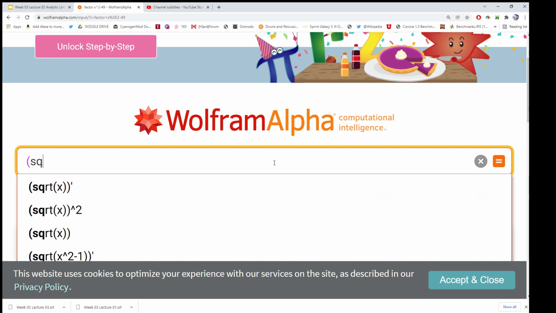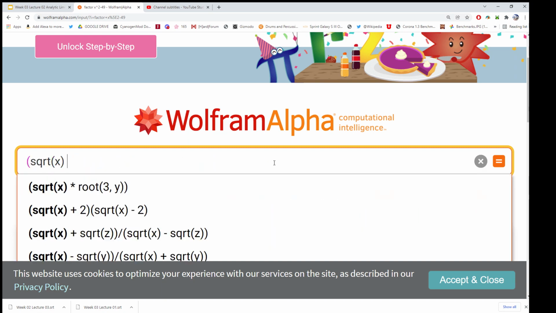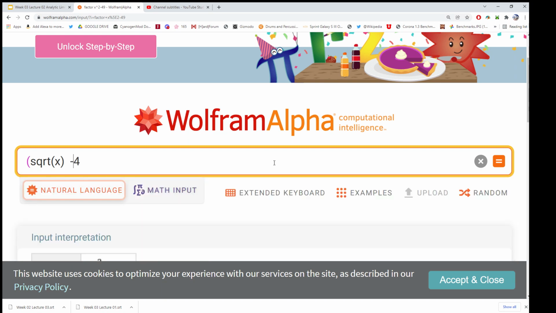So if I do this, one last one here, square root x, let's say minus 4, square root x plus 4.